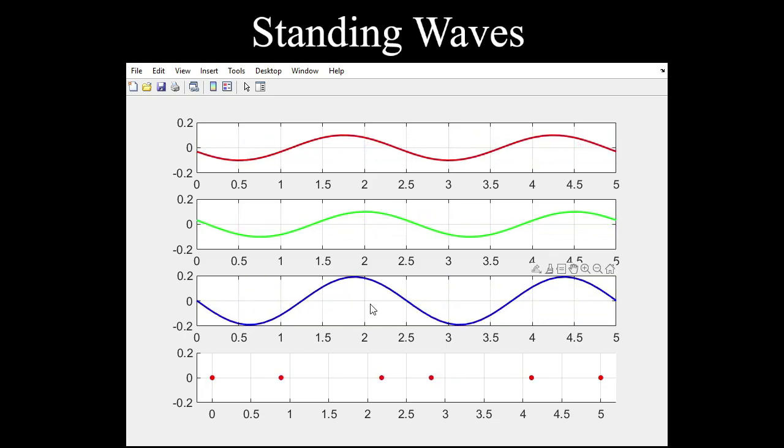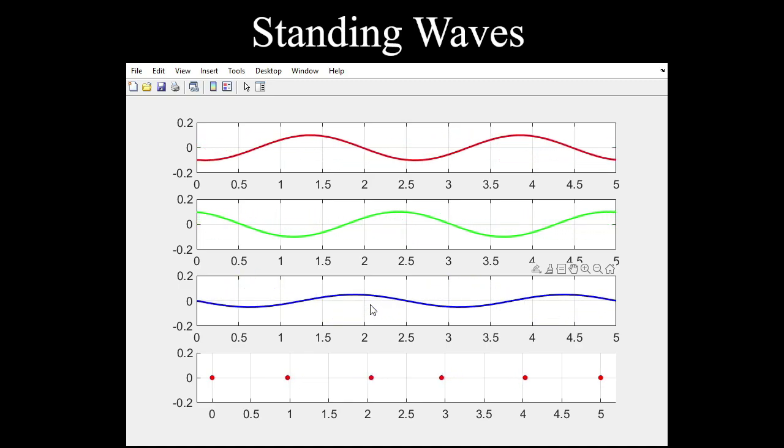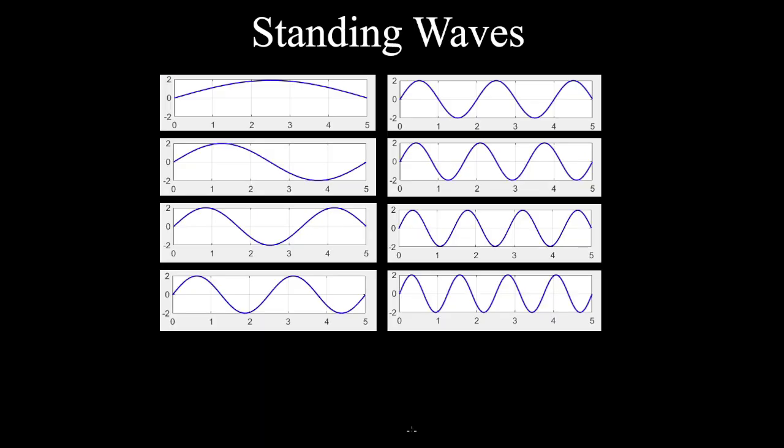So we see that there's more nodes along the length where there's no displacement from the equilibrium position. So these are the different ways we can form a standing wave that has nodes at the ends of the string.